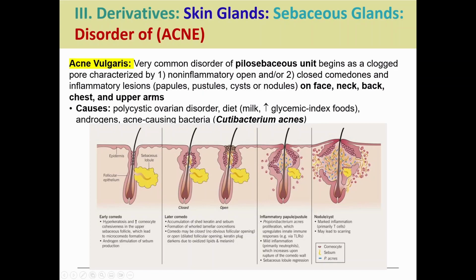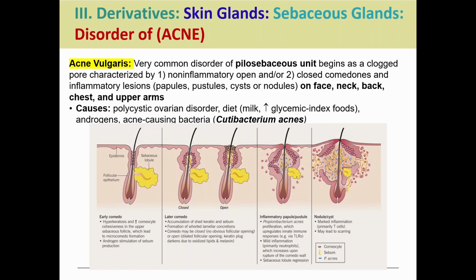There are a lot of causes for this, but there's no single cause of acne. There's a lot of things that go into it. If we look at some of the causes, someone with polycystic ovarian syndrome, or PCOS, has a tendency to have more acne. Exposure to hormones can cause acne, so that's why certain things like birth control pills can help with acne, because we're regulating hormonal levels.